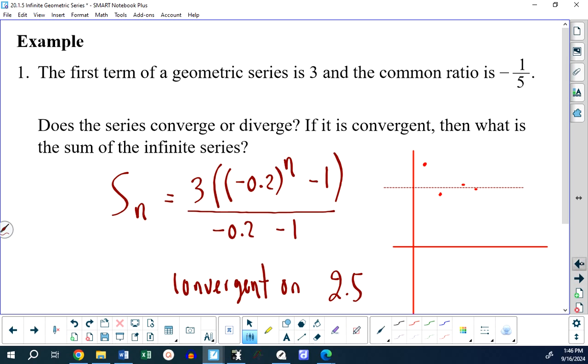What did we say the sum of this was? 2.5, right? The formula says S equals the first term over 1 minus r. Not Sn, because n is infinity. Take the first term and divide by 1 minus r in brackets.